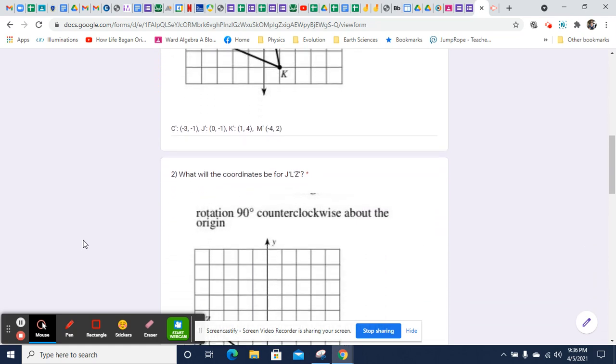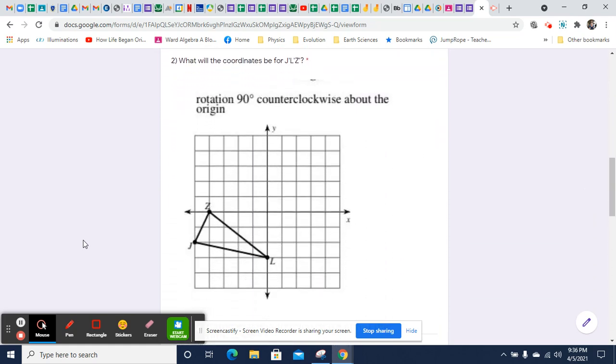Let's take a look at the coordinates for this one. Now, this time we're rotating 90 degrees counterclockwise. So counterclockwise is this direction. Some easy points to grab are going to be L and Z. Let's do those first. So L, rotating 90 degrees counterclockwise, is just going to move from the y-axis to the x-axis. So that'll be L prime.